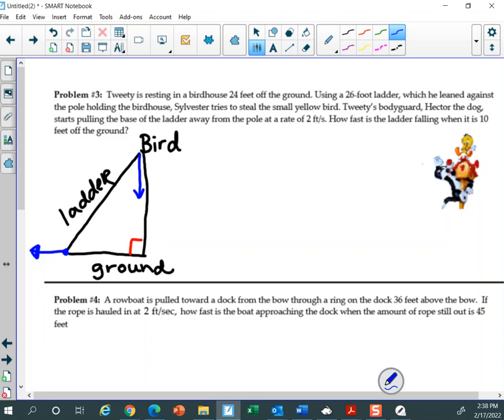So we're making a lot of assumptions that the ladder is moving backwards, and as it moves backwards, it stays leaned up against the pole. And so as things get pulled, we might be looking at something like this. I'm going to draw this.